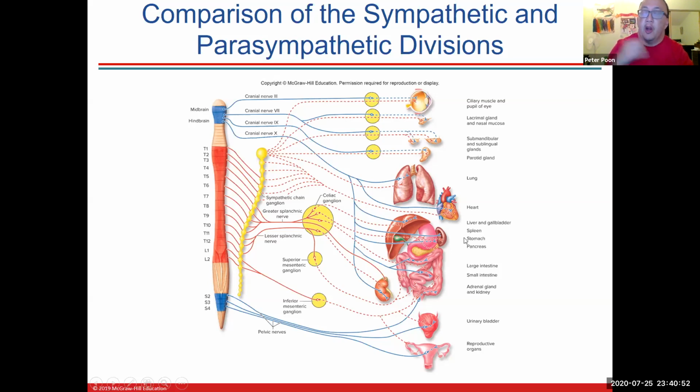That one's much longer. But if you want to think sympathetic, you want to think fight or flight. I want to flip on all the switches and worry about details later. So all the switches are right here, and now you can flip on multiple switches and worry about the rest later. With the parasympathetic I have more time, so I can alter each switch.